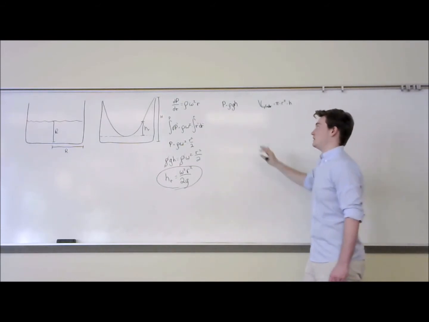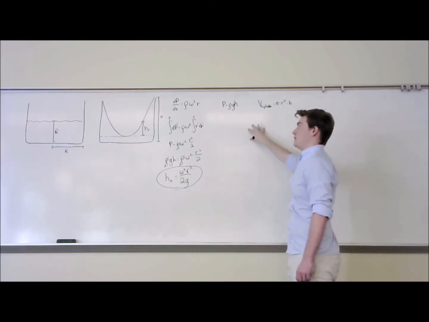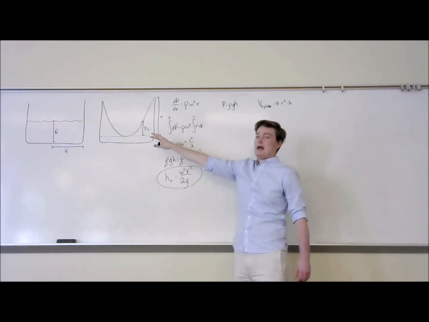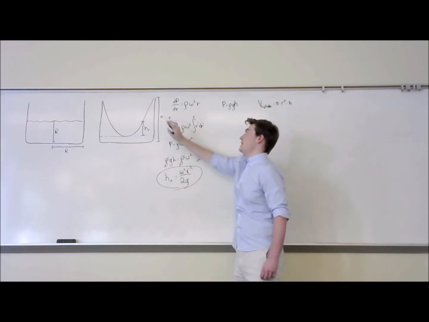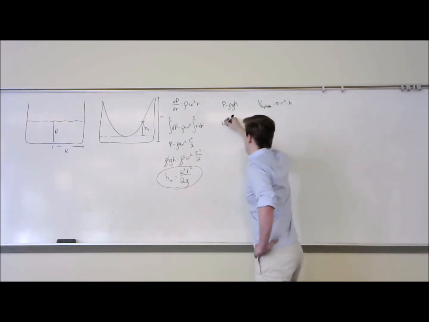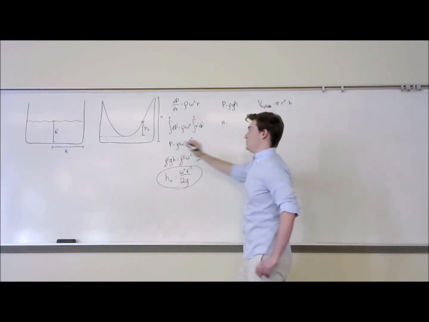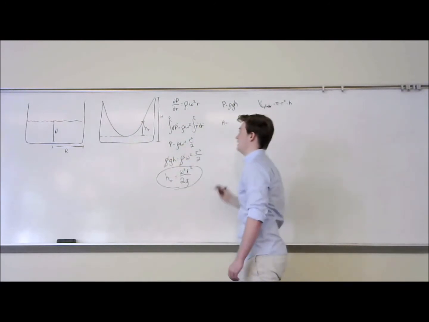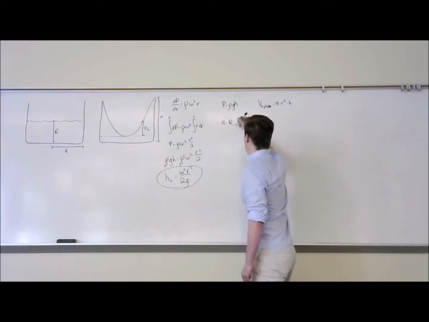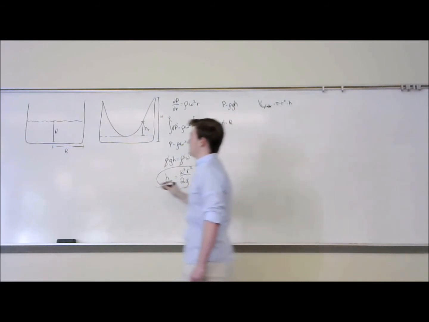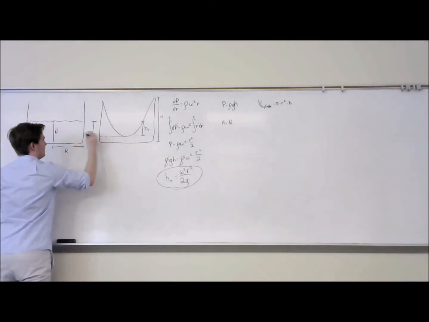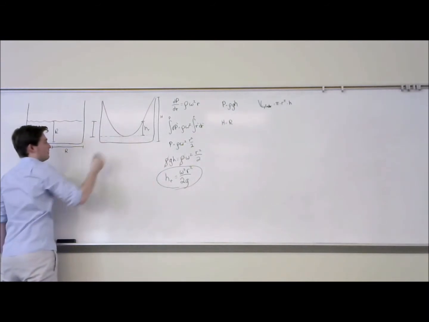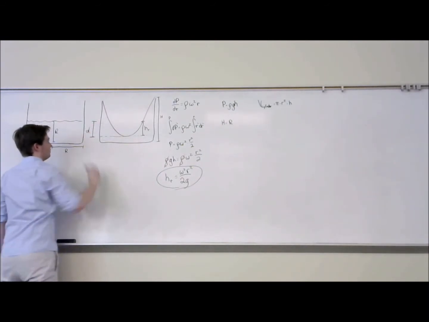What we want to find is a master equation that takes into account everything that we have on our drawing. Say we want to solve for this big H, the total height. So H equals, we start with our original height of the fluid, R, minus the distance between the initial height and the minimum height. We're going to call this the dip, or d.